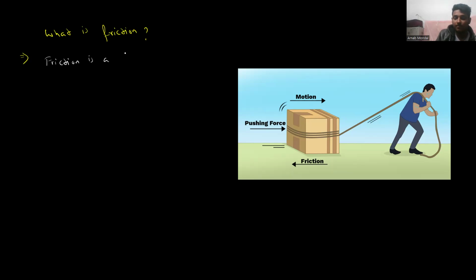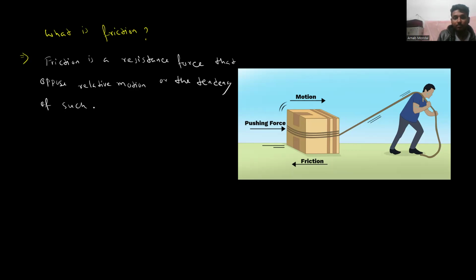Friction is a resistance force that opposes relative motion or the tendency of such motion between the surfaces in contact.